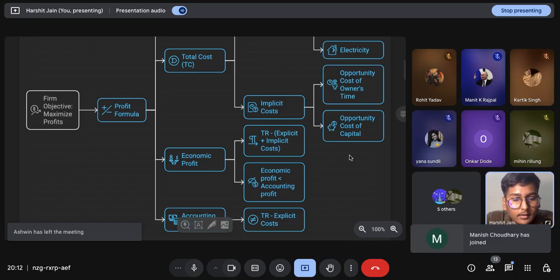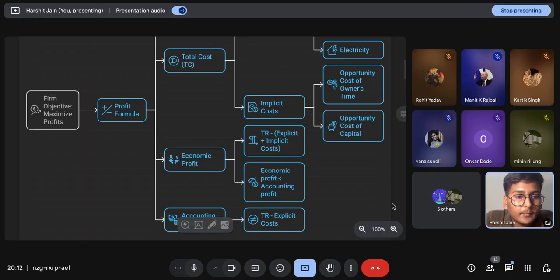So in this case, implicit costs are more. If I didn't do that work and went for another work, the wages I would have got from the other work are the implicit cost.